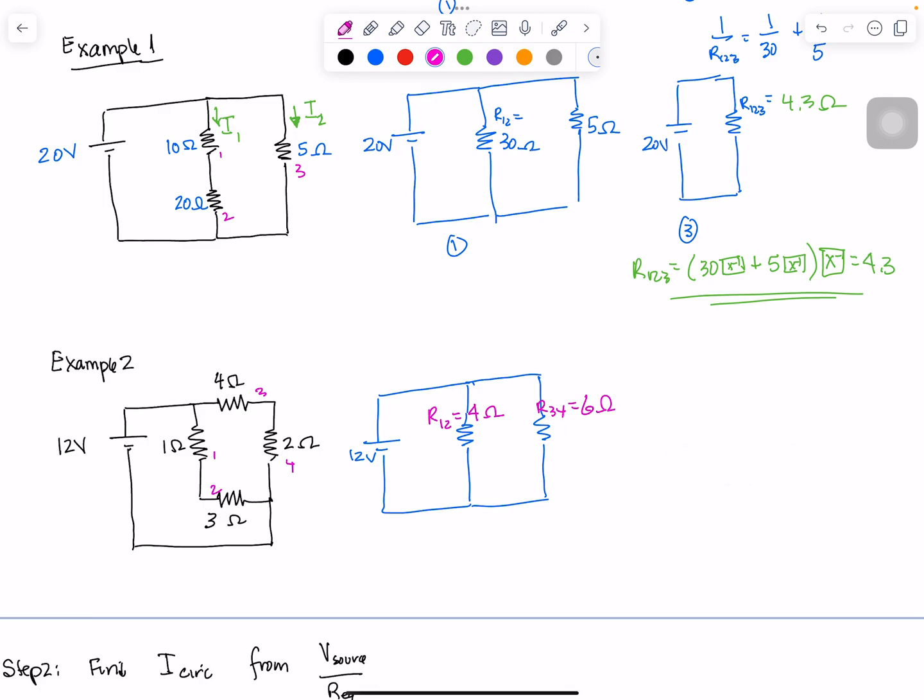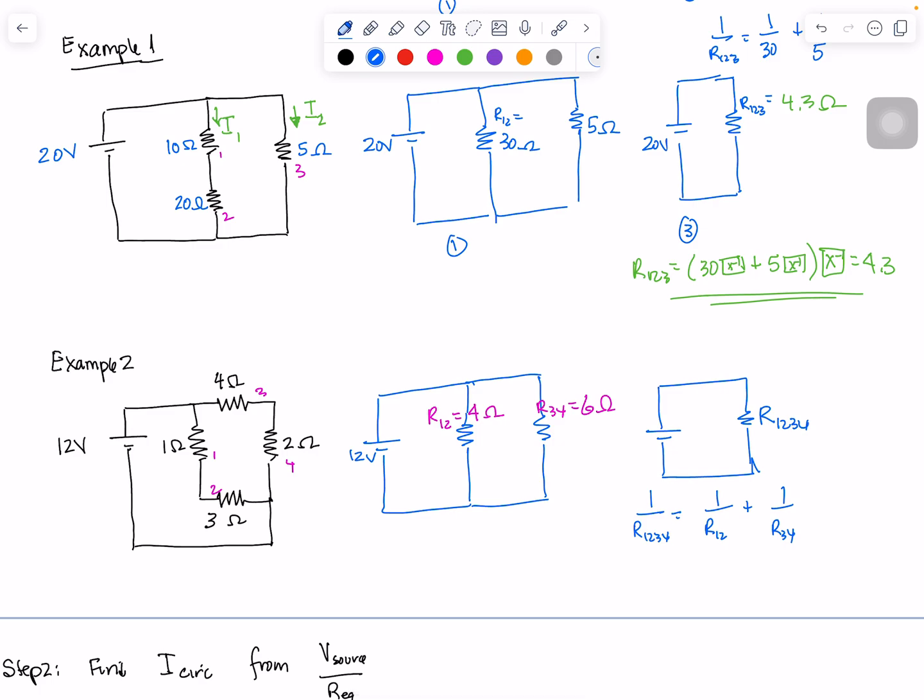All right, now I've got 2 parallel resistors. So I'm going to draw my second one. So this is going to be R1, 2, 3, 4. And as before, this is resistors in parallel. So I know that 1 over R 1, 2, 3, 4 is equal to 1 over R 1, 2 plus 1 over R 3, 4.